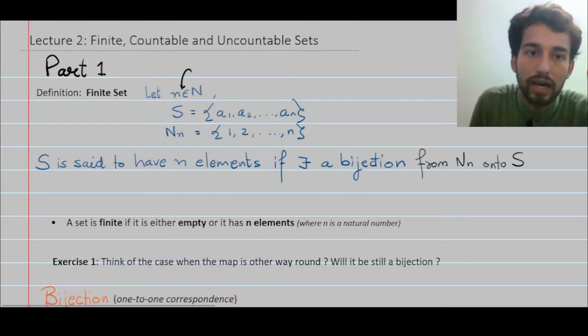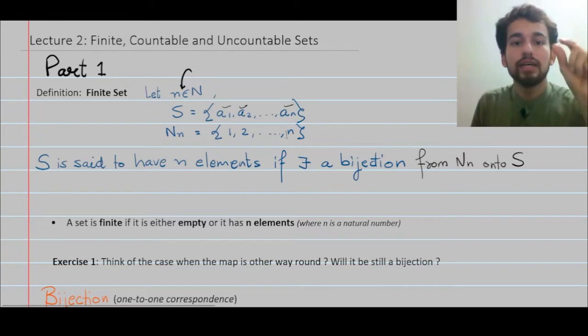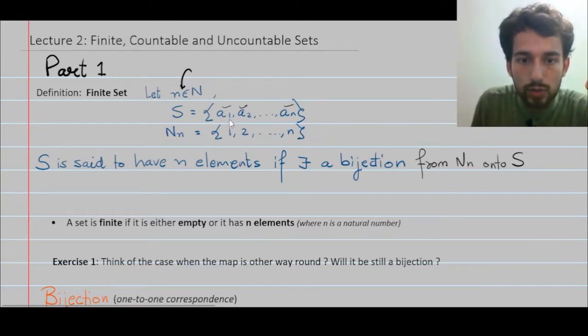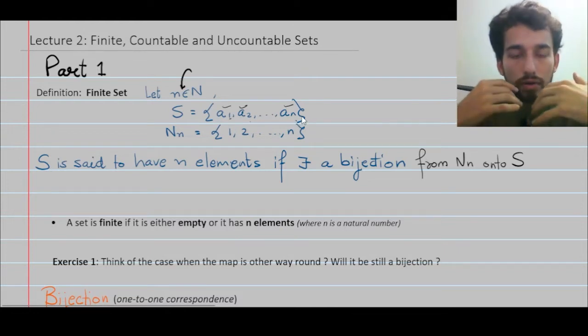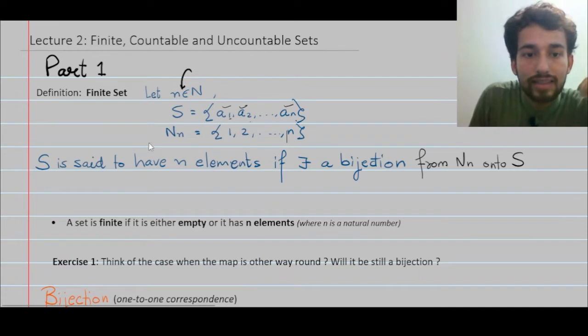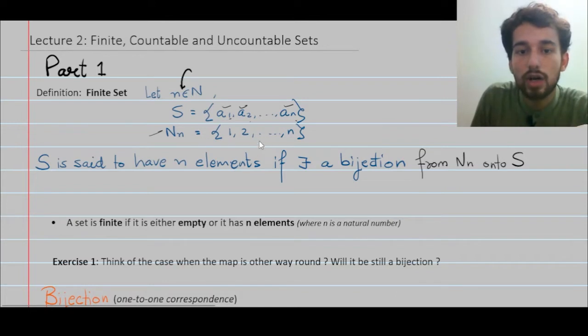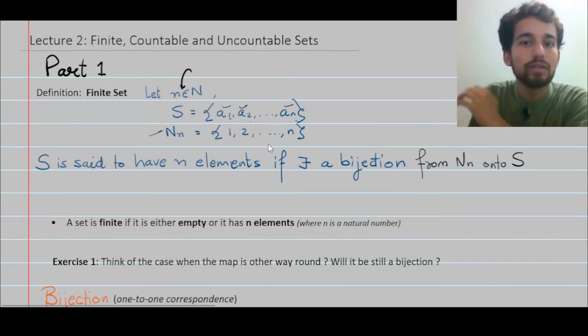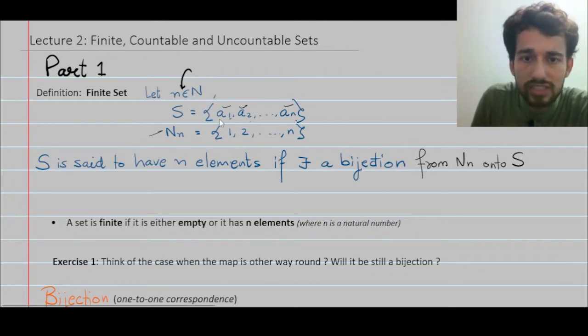This n is a natural number, and I have taken a set S which consists of these n elements a1, a2 till an, where the subscript below a, that is 1, 2 till n, tells us the position of that particular element in the set. And this notation, capital N subscript small n, is the set of the first n natural numbers. Okay, so this I have assumed.